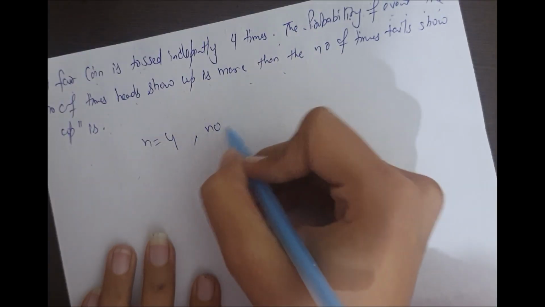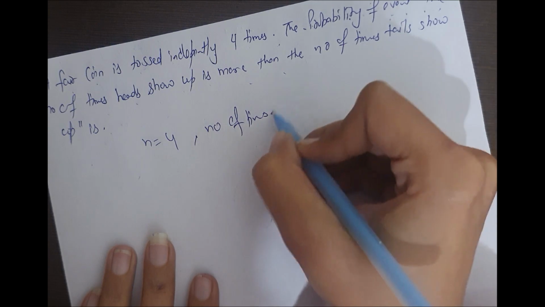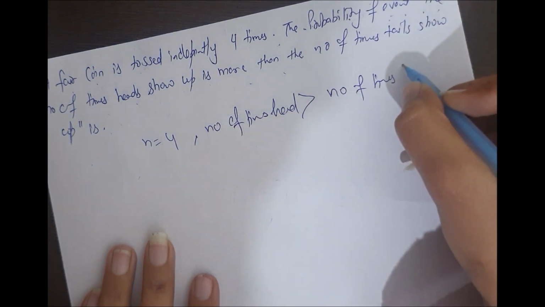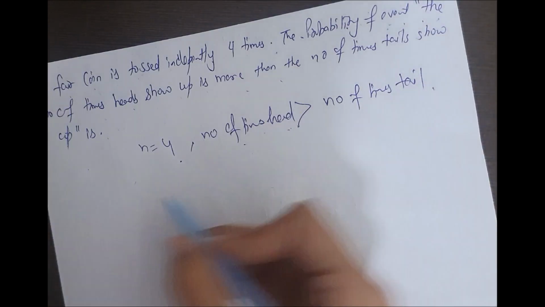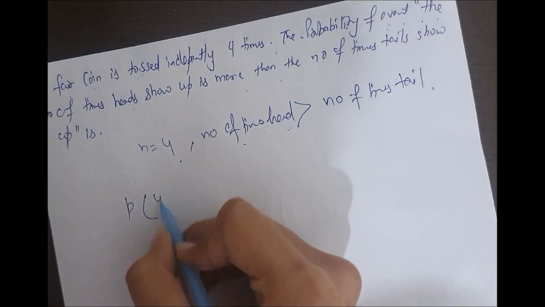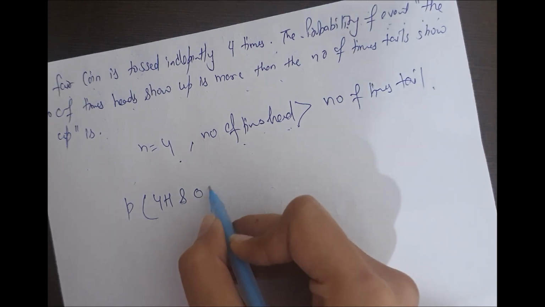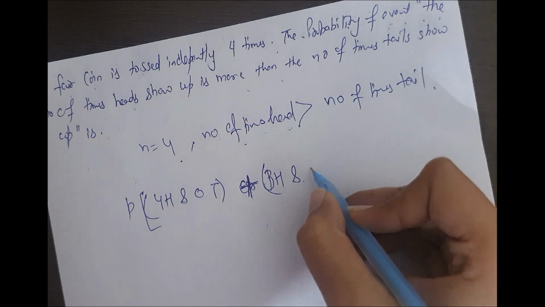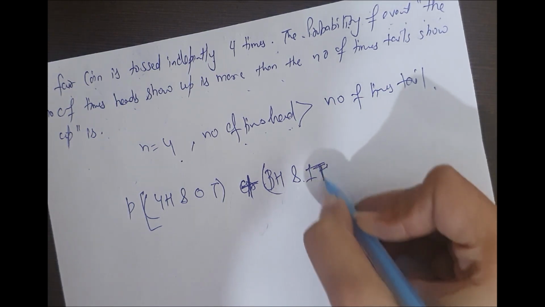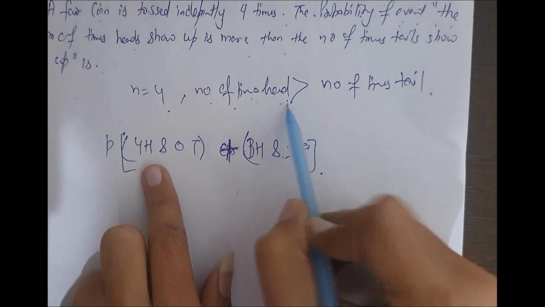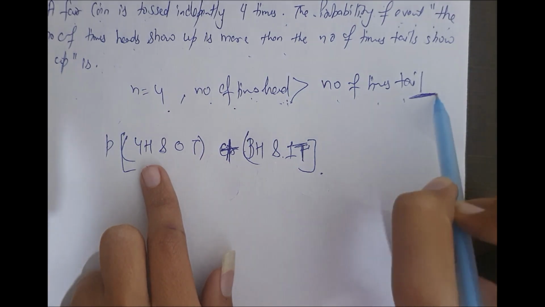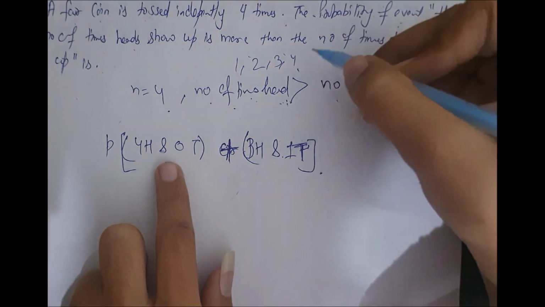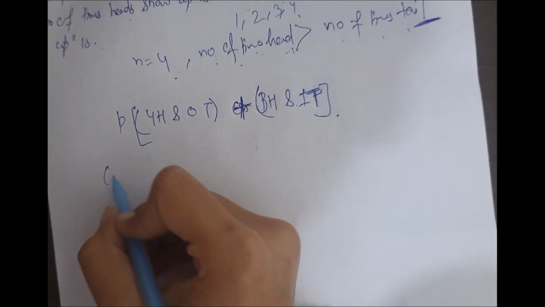Here the number of times head shows is greater than the number of times tail shows. So the number of cases can be, if 4 heads and 0 tail, or 3 heads and 1 tail. Number of cases are 4: 1, 2, 3, 4.